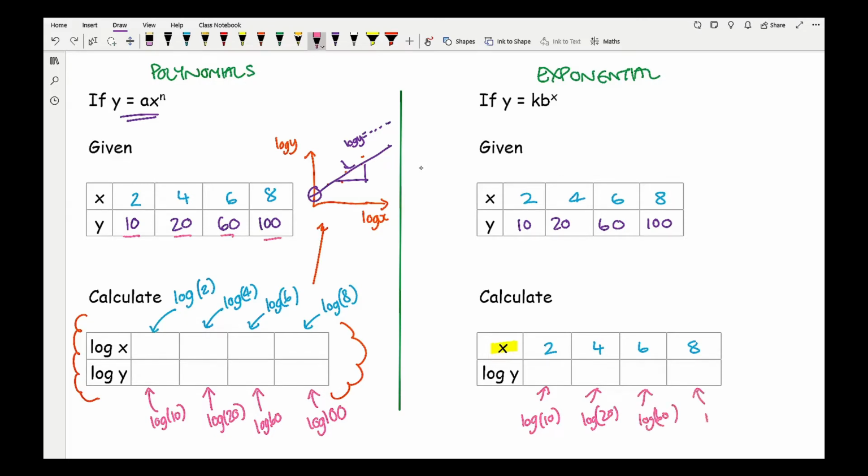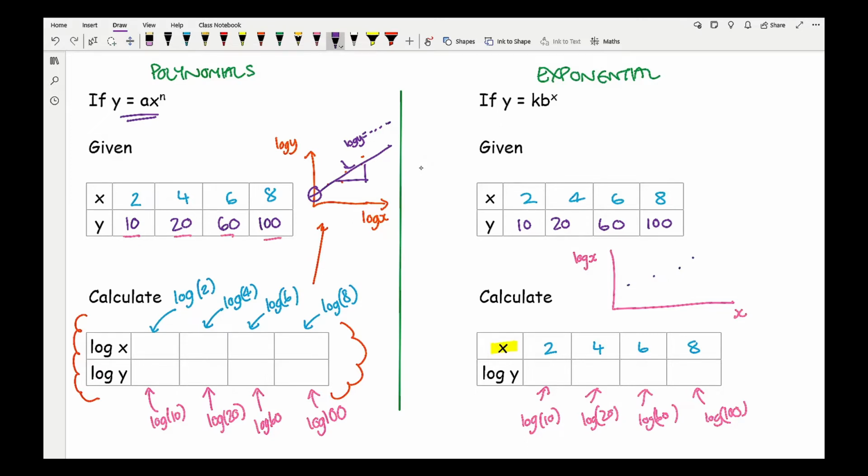And the last one's going to be log of 100. And again, the base doesn't make a difference. It'll be absolutely fine. And once I've got that table, I then want to plot my x against log y. And you will find that those points, if plotted correctly, and if it does follow this model, should produce a linear sort of relationship.